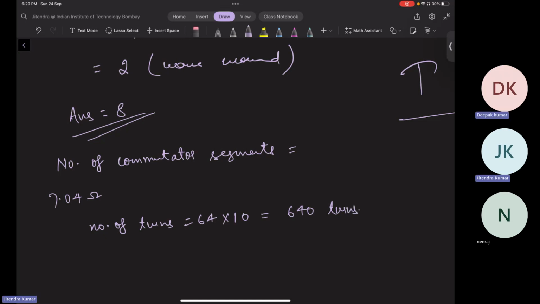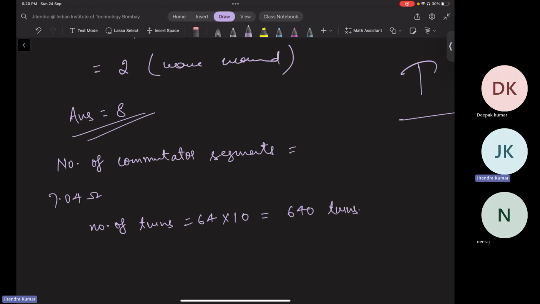So the total number of turns is 640, right?